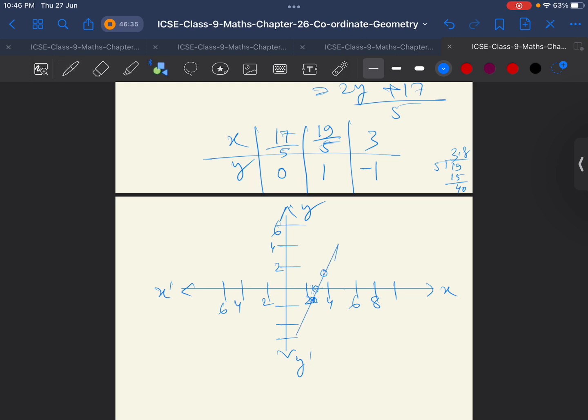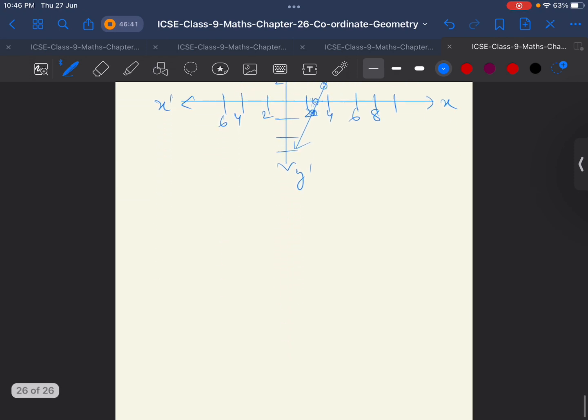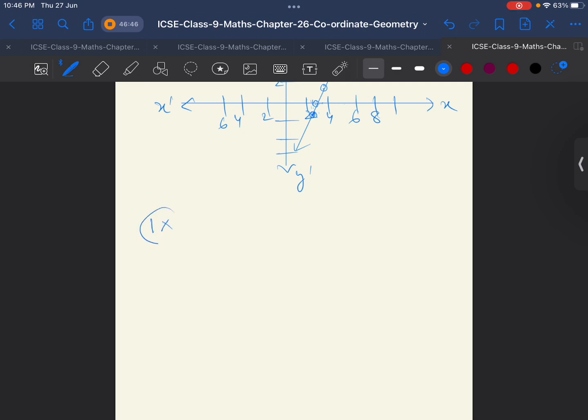So now we draw the straight line. So this is the straight line. Okay, now question number 9.